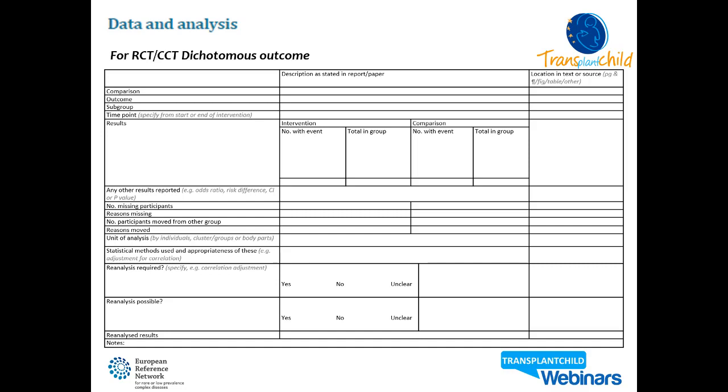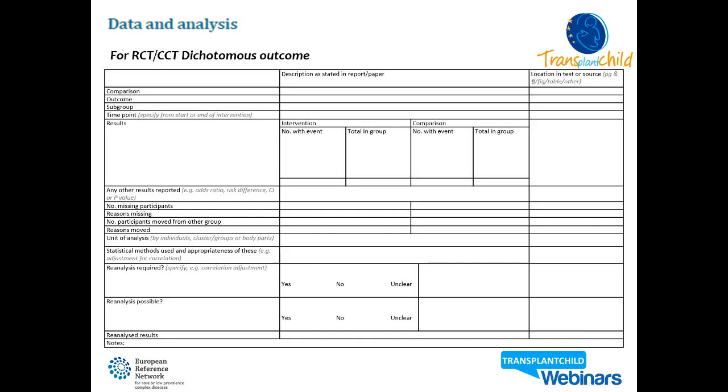So you will have in the data form different tables for different types of outcomes. This one is for dichotomous outcomes, just outcomes like event yes or no. You have another one for continuous measurements or continuous outcomes, such as some blood concentration of something, or growth, height, weight, and you have a similar table.